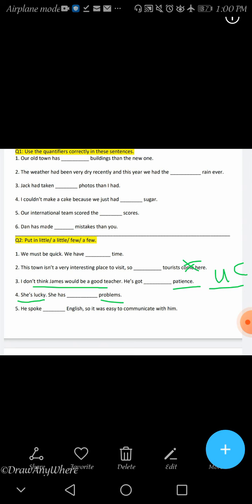She's lucky she has few problems. مشاكلها قليلة بس غير كافية. غير كافي لذلك هي ايش؟ Lucky. Problems, it is countable. He spoke a little English. English, it is uncountable. So it was easy to communicate with him. It is positive idea. So this is our lesson.